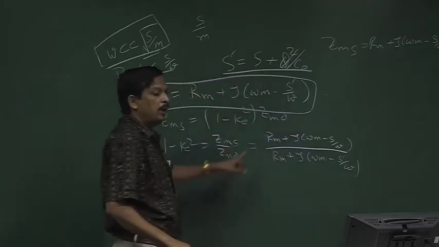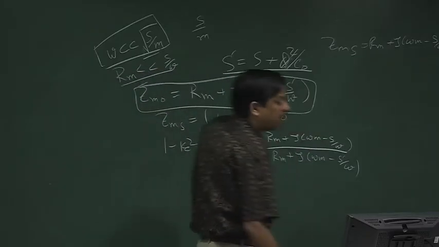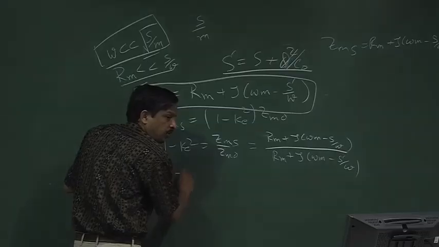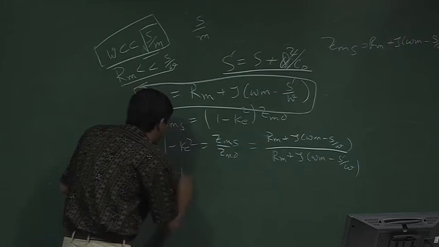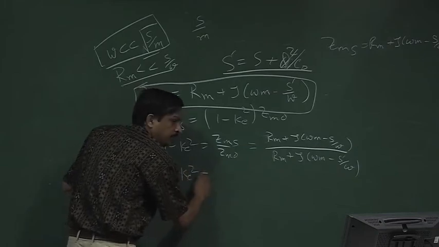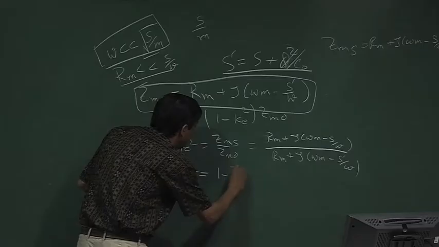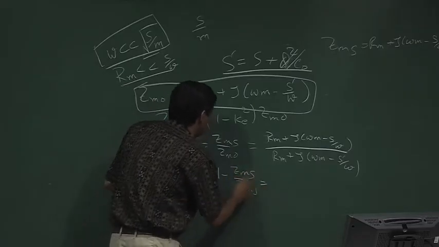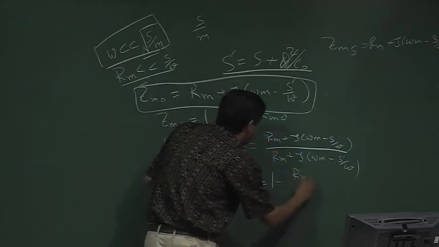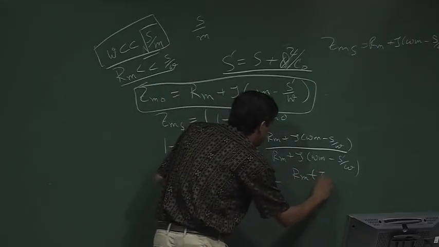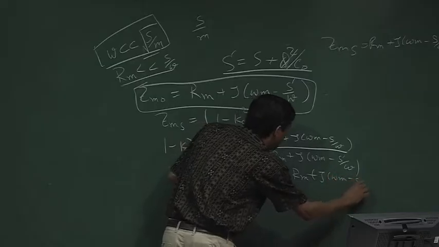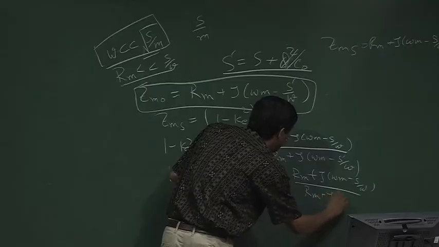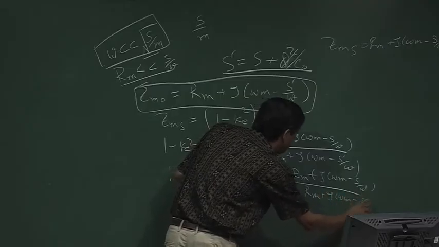If I simplify these two with the condition, then Kc square will become 1 minus ZMS by ZMO, which is 1 minus Rm plus j omega m minus S by omega divided by Rm plus j omega m minus S dash by omega.